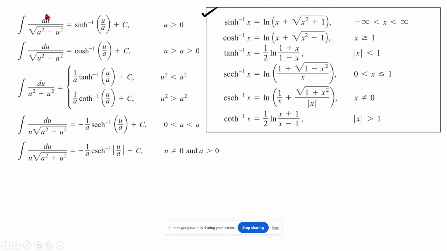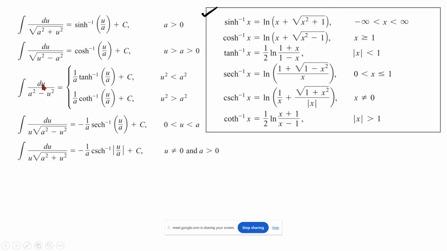Here it is du over square root of a square minus u square. Here the dimension is 1, the power of u is 1, and du is also power 1. Du is nothing but u1 minus u2 kind of thing. In a square plus u square, the square root of this dimension is also 1 because we are taking the square root of some square.